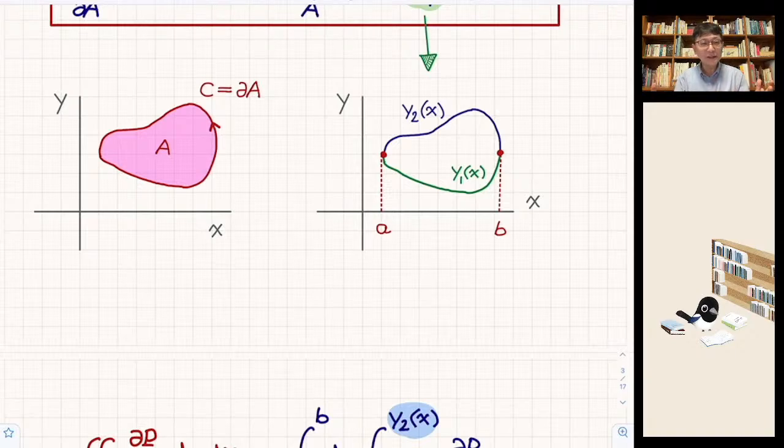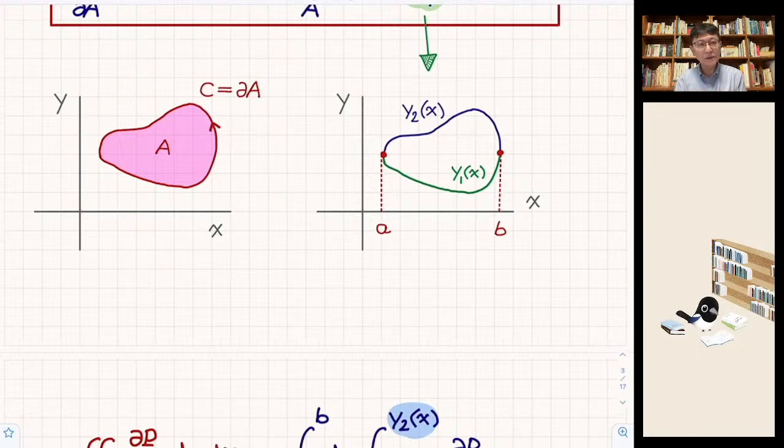So you found this very interesting thing that the first term is integrating on this part. The second term is integrating on this part. And of course, if you add it all up, that's just the integrations around the contour.